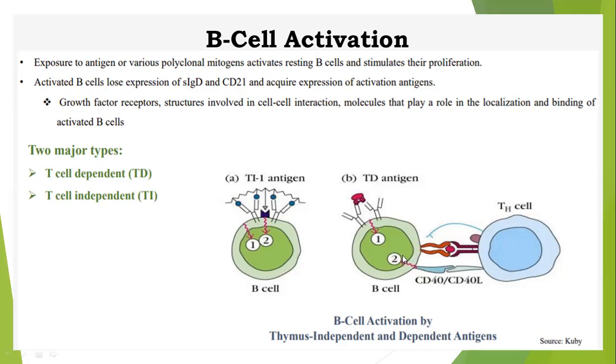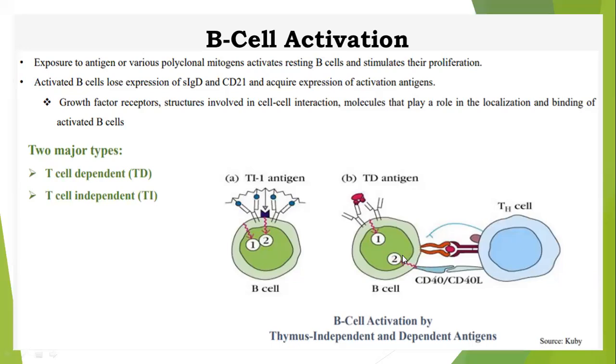This ties in at some point when we talk about immunological memory. We will also see how some of the B cells might be activated in the absence of a T cell.